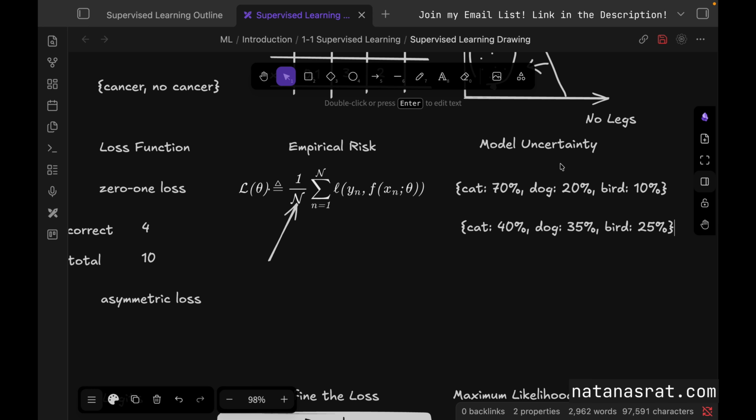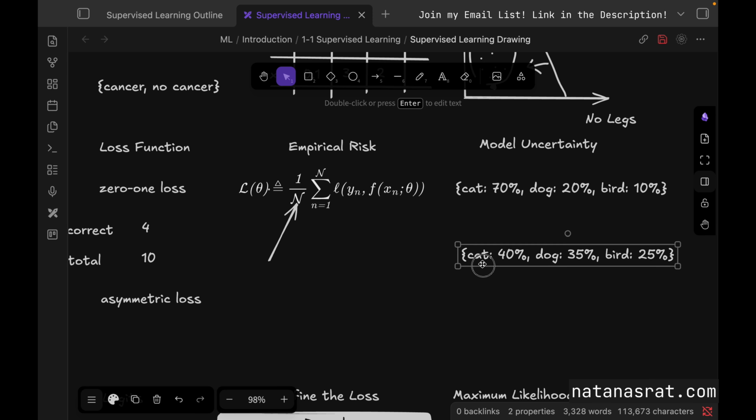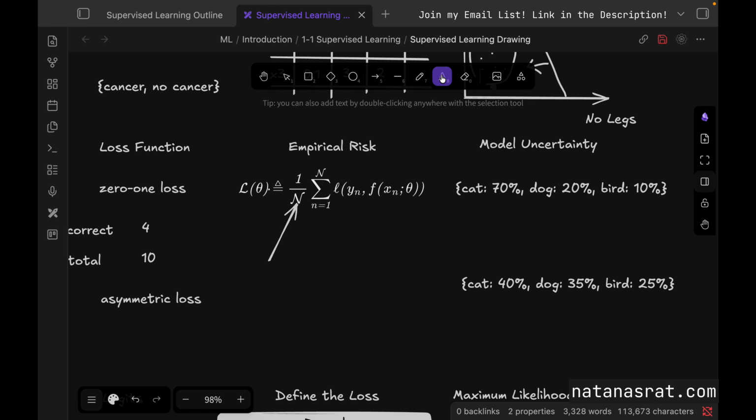So when we generalize this, we are basically going to have as many classes as we need, and our model is going to predict the probability distributions. But the output of the model is rarely going to be probabilities at first. It's probably going to be logits, which are unnormalized log probabilities. So in this case, let's say here, instead of outputs in percentages or in probability distribution, we will have something like this.